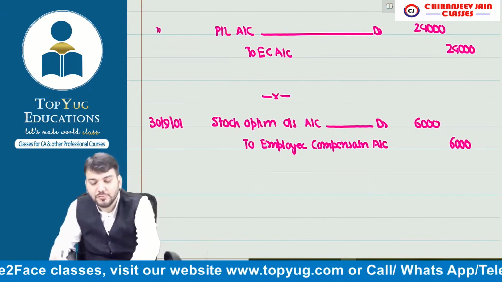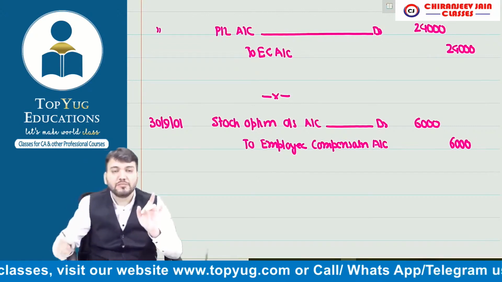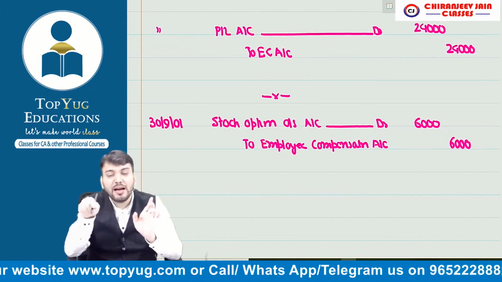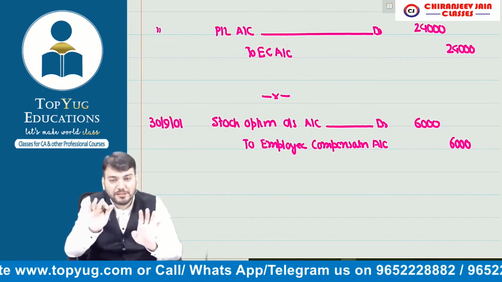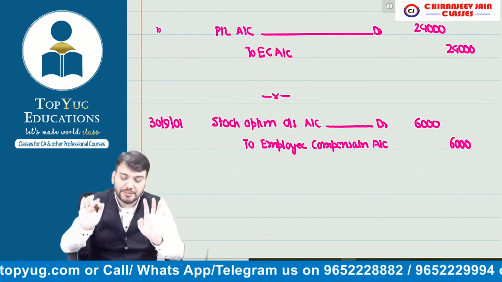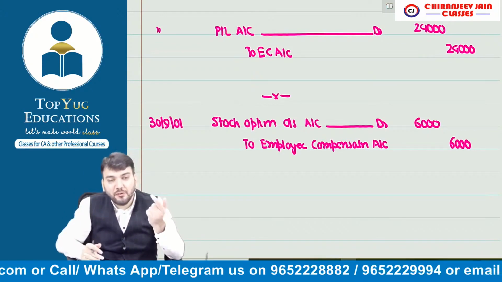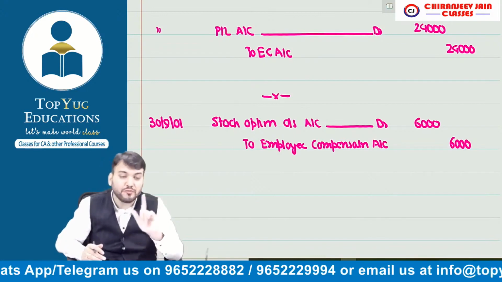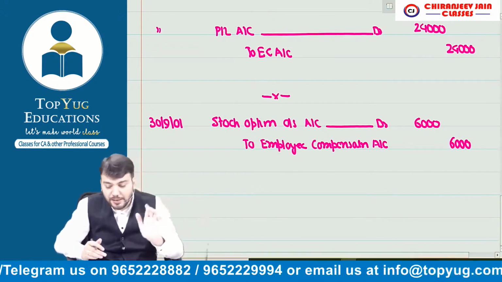Correct? Understood? Normally whenever there is changes in accounting estimate, we do changes on a prospective basis. Correct? It means the account will be affected in the year of change, not from the beginning.